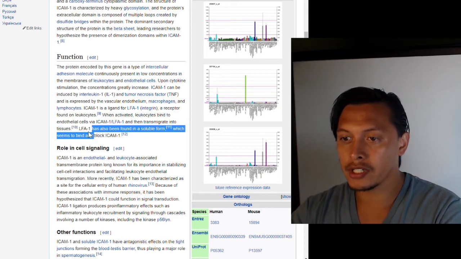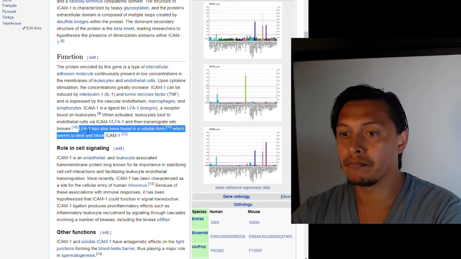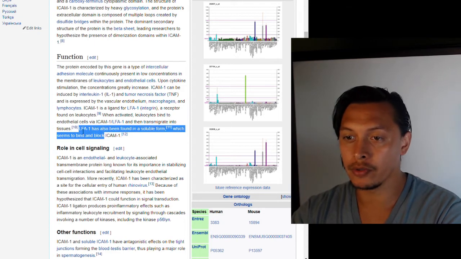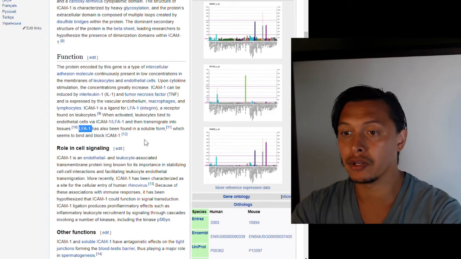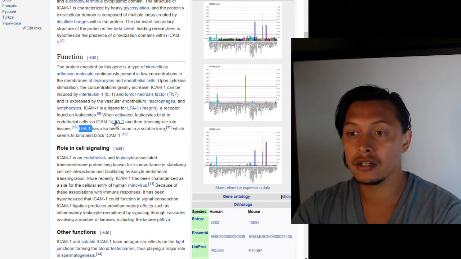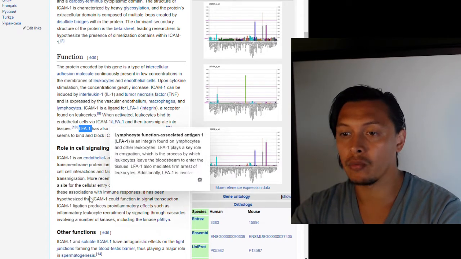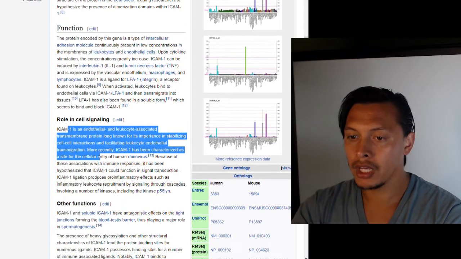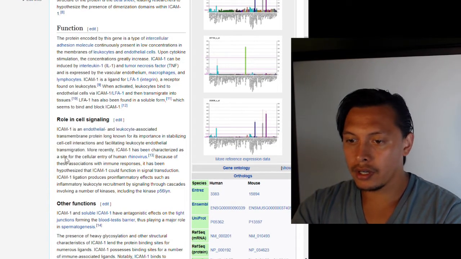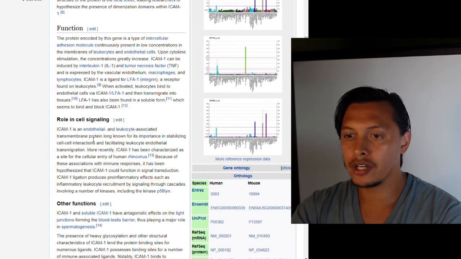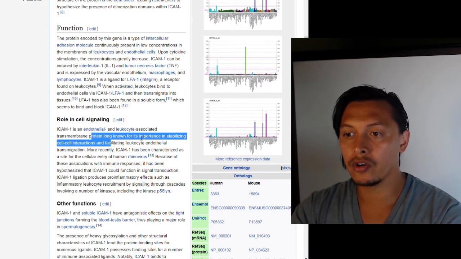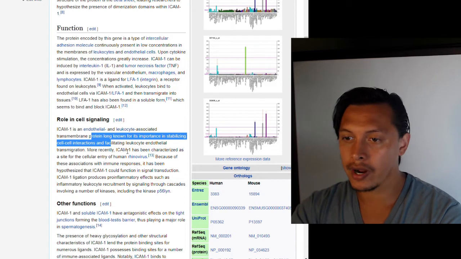LFA1 has been found in a soluble form, which seems to bind and block ICAM1. So if you take this LFA1 in solution, you can block its ability to bind with the surface LFA1. It is an endothelial and leukocyte-associated transmembrane protein, long known for its importance in stabilizing cell-cell interactions.